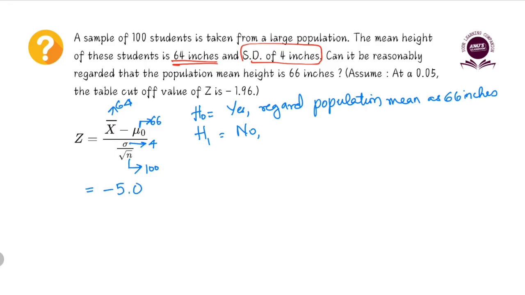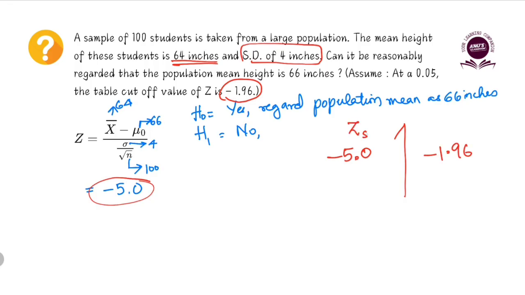Okay. Now, we are given in the question itself that for a significance level of 0.05, the z critical value is minus 1.96. The z critical value is already given. So what we got is minus 5.0 and we have to compare it with minus 1.96. So on one hand we have minus 5.0 and on the other hand we have minus 1.96. This is our z statistic and this is our z critical, right?